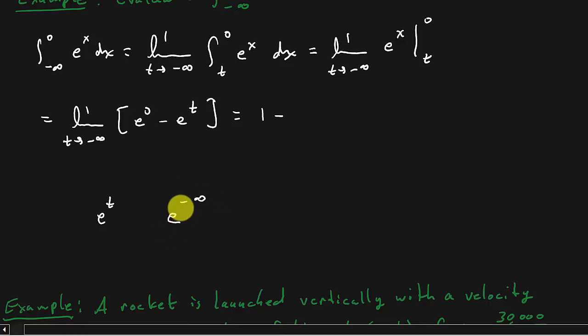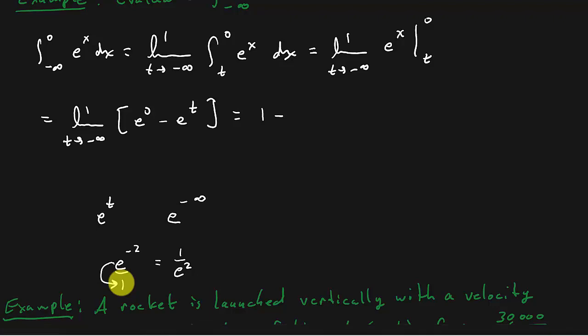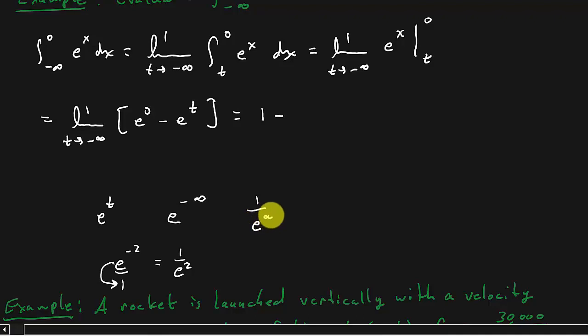Now remember, e to the negative 2 is the same thing as 1 over e to the 2. If you move something across the fraction bar, it changes the sign of the exponent. So this would be like 1 over e to the positive infinity, or e to a really, really big number.